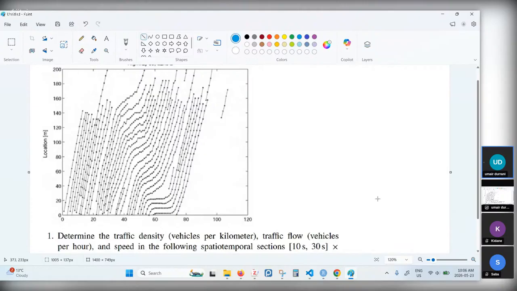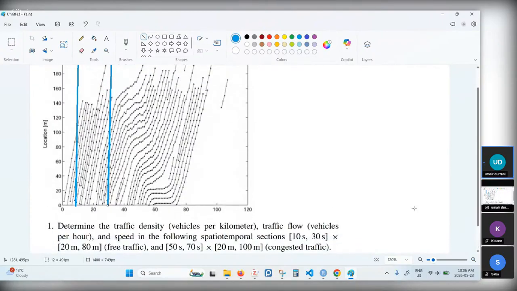I'm going to use the blue color for 10 to 30 seconds. So 10 seconds is somewhere here. Not exact, but this will do. I think it will work. 10 to 30 seconds and 20 to 80 meters.